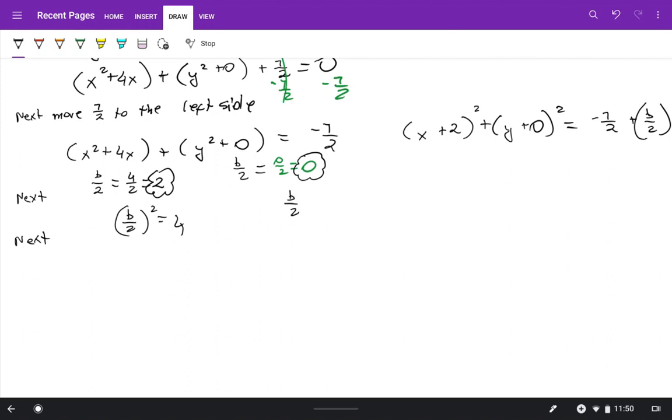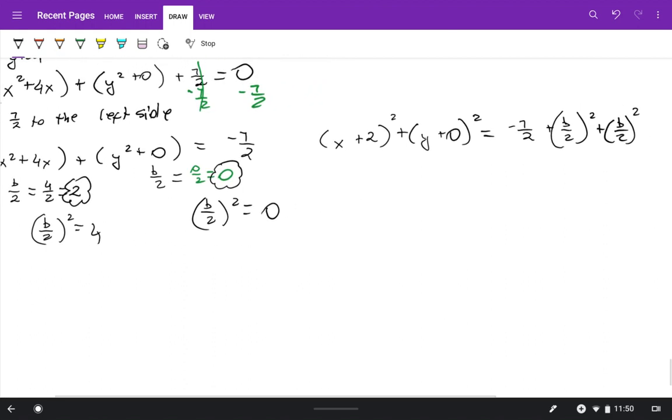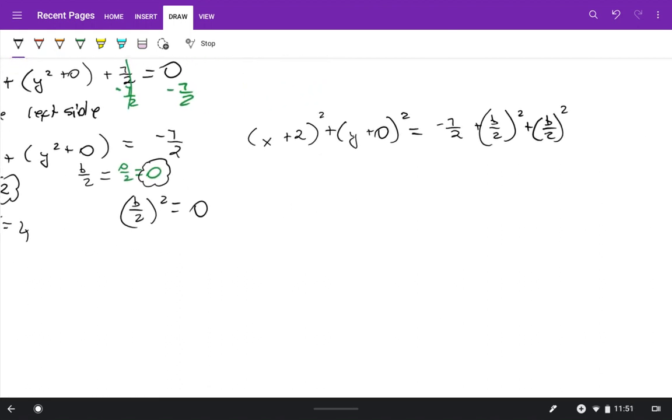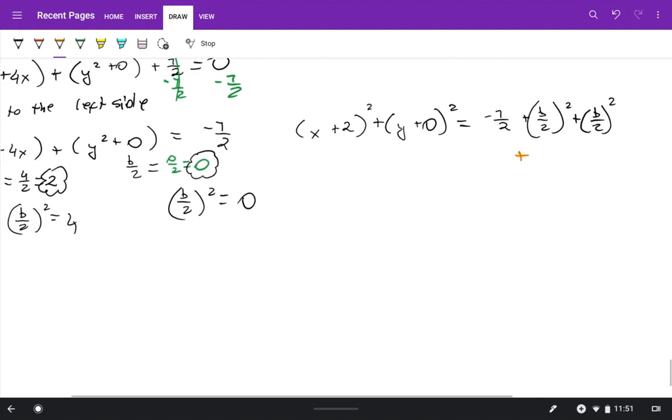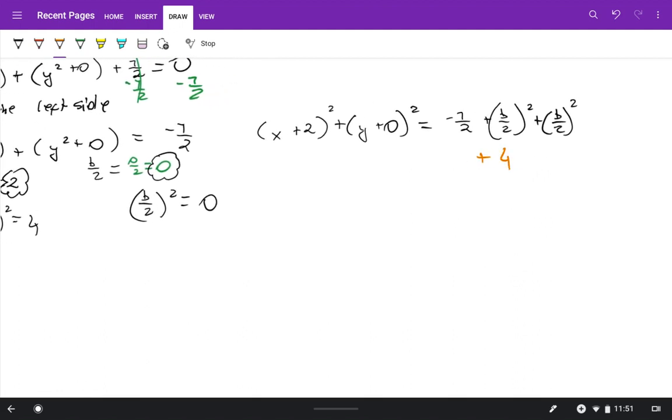Here, 0 squared is 0. So our standard form will look that way: x plus 2 squared plus y plus 0 squared equals negative 7 over 2 plus 4 plus 0.